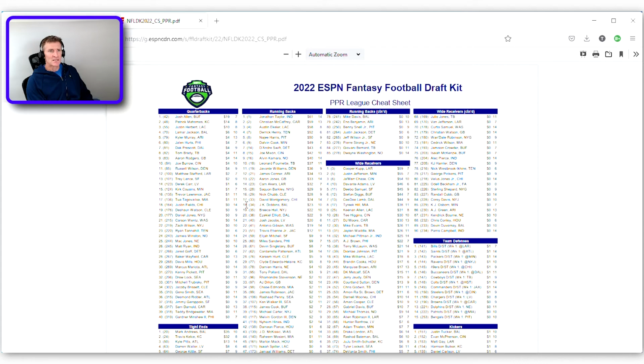ESPN has been putting this thing out there for years and years. And if I were them, I would just take it down. It was maybe useful 20 or 30 years ago when people didn't have computers and they couldn't get a customized cheat sheet. That it still exists today is a little bit ridiculous.